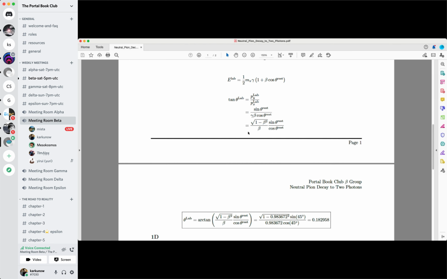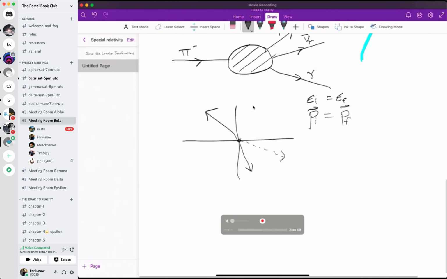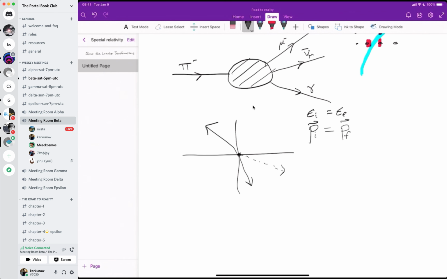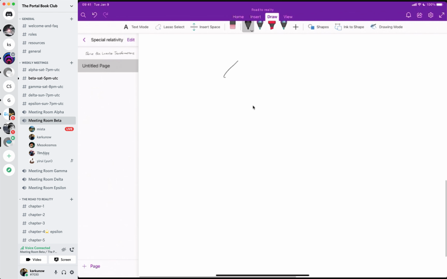Yes, relative to the common statement that the Lorentz transformation should maintain angle.